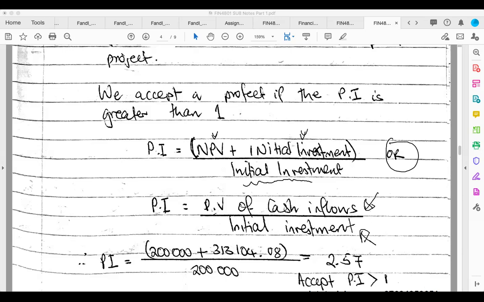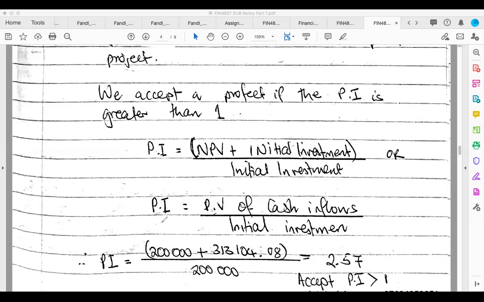So we can either simply add the NPV of our investment plus the initial investment divided by the initial investment, or we can take the sum of the present value of all our cash inflows divided by the initial investment. Basically, the total of the NPV and the initial investment is just the sum of the present value of the cash inflows.